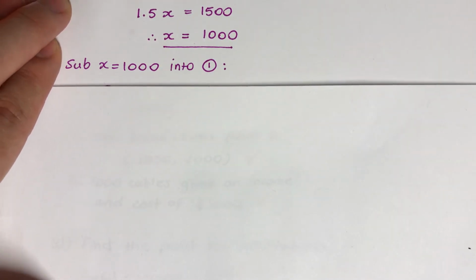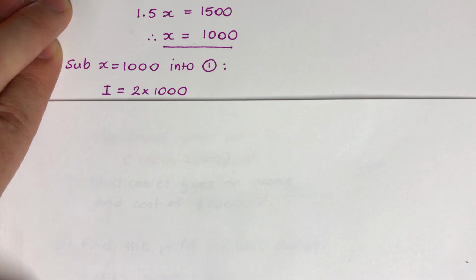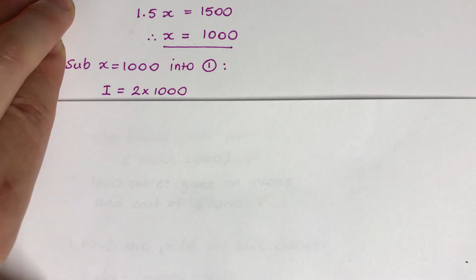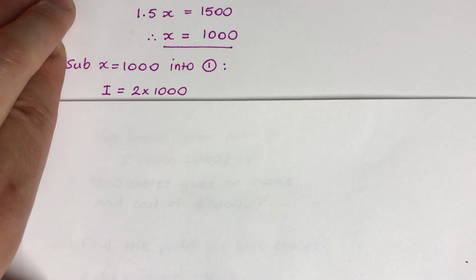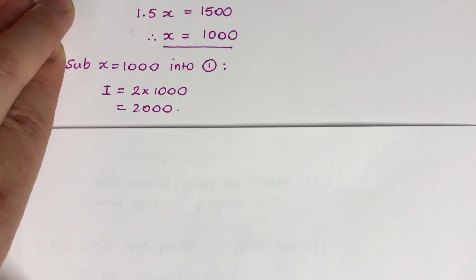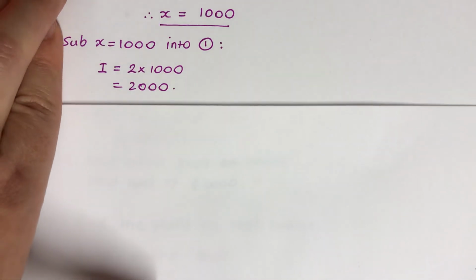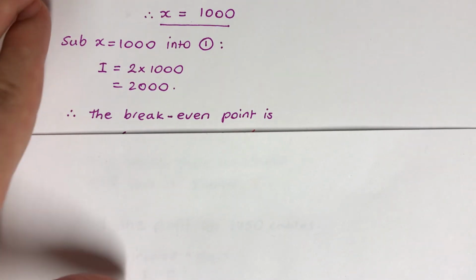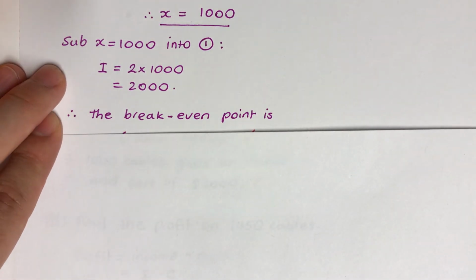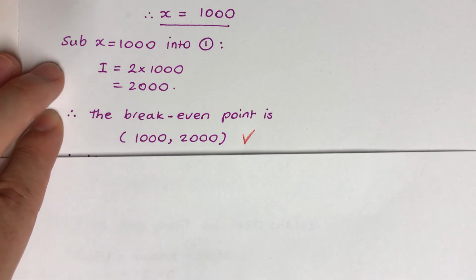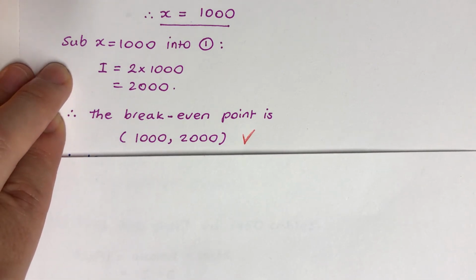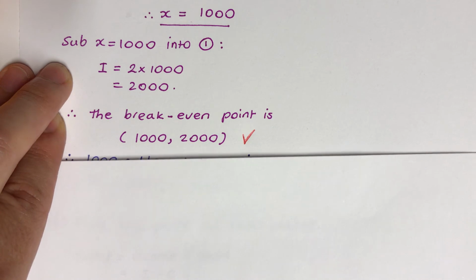And I'm going to substitute this X equals 1,000 into equation 1, which was I equals 2X, to find income. Because we need to know income and cost. So that was 2,000. So the break-even point is X was 1,000 and I was 2,000.